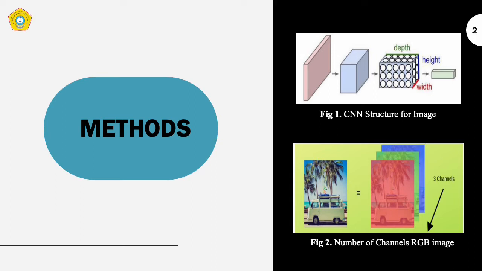Padding is a parameter specifying the number of pixels to be added on each side of the input. It is used for the purpose of manipulating the output dimension of the convolutional layer.